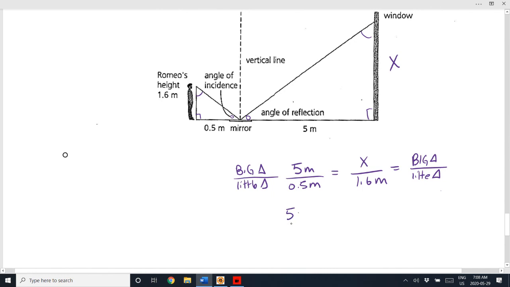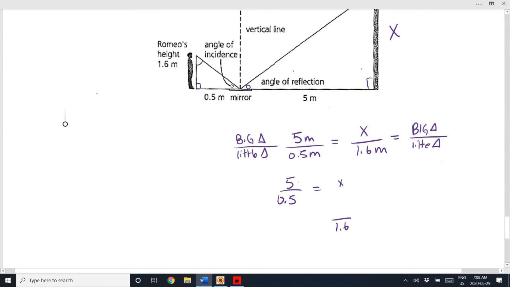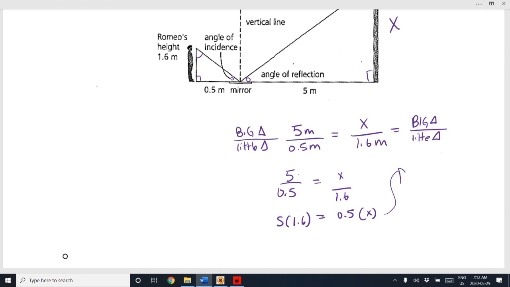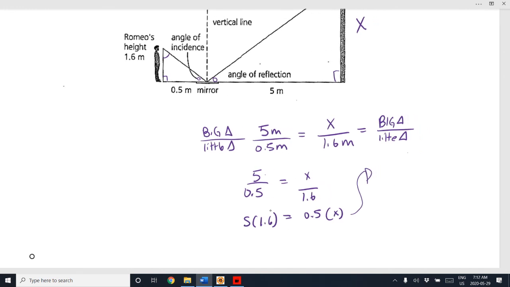We have 5 over 0.5 is equal to x over 1.6. We can use the same technique that we've been using. So we're just going to cross multiply. So we're going to get 5 times 1.6 is equal to 0.5 times x. So let's simplify. 5 times 1.6 is 8, is equal to 0.5x.